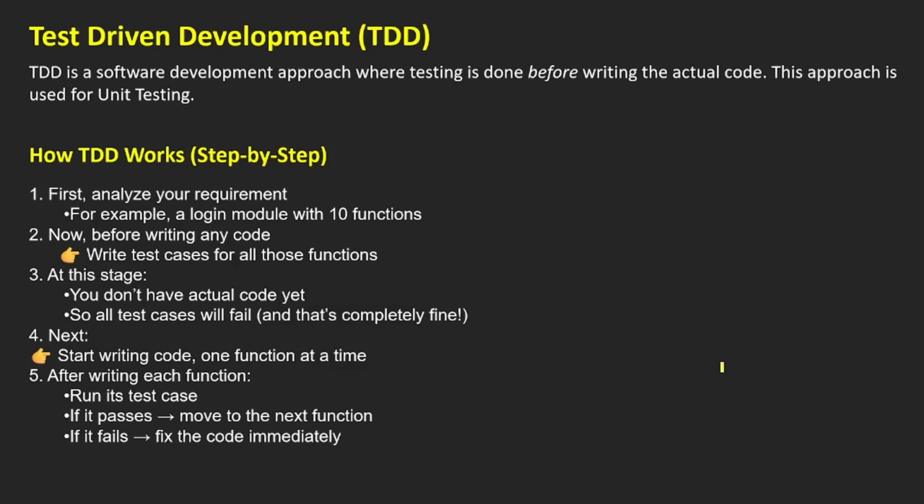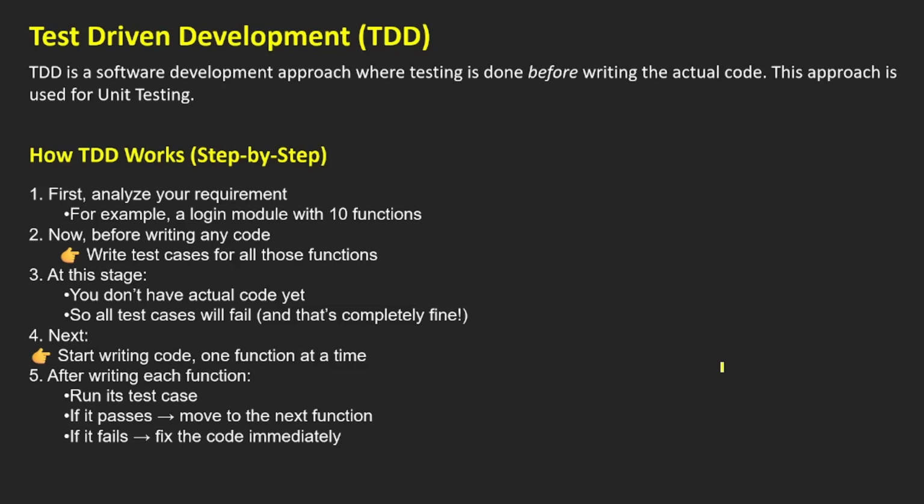This problem has been solved by TDD. TDD completely changes the way we write code. Instead of writing the code first, we follow a different approach. In the traditional approach, we used to write the code first and then the unit test cases, and then if the unit test cases start failing, we will again do the modification and so on, which becomes a very time consuming process.